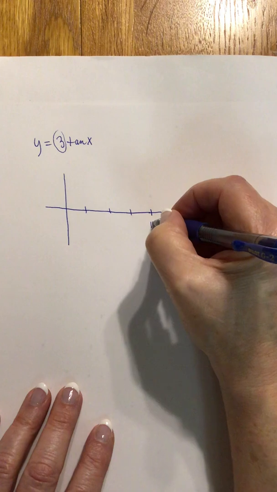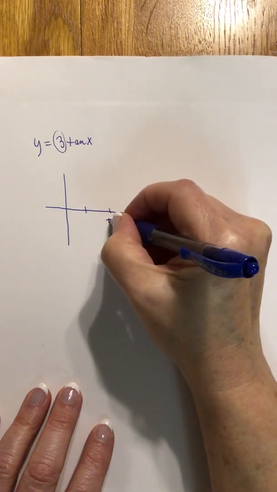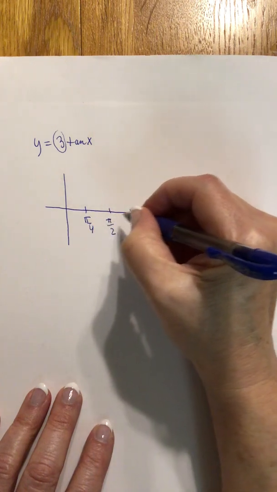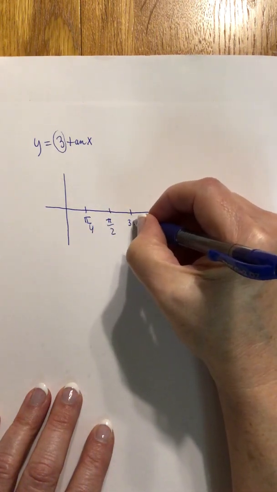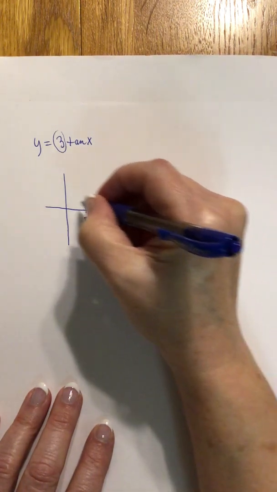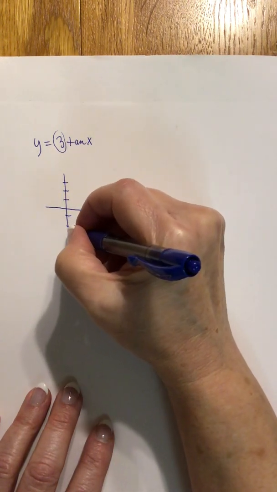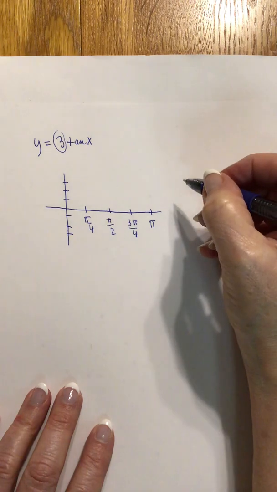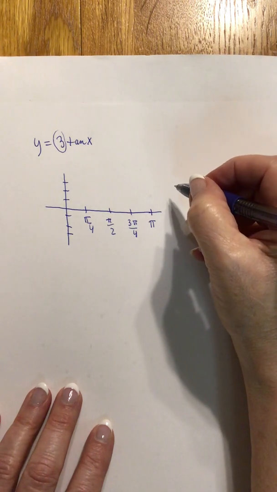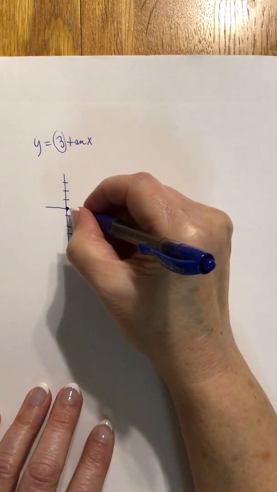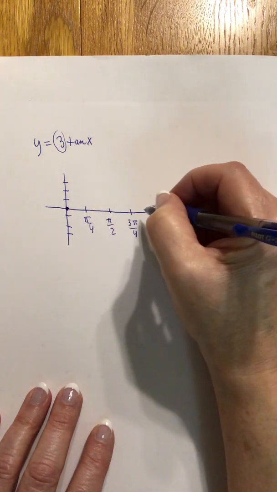So here's pi, and here's pi over 2, and here's pi over 4, and here's 3 pi over 4. So you have to get used to labeling the axes when we're doing these transformations. So we said it was going to start at 0, up, asymptote, down.